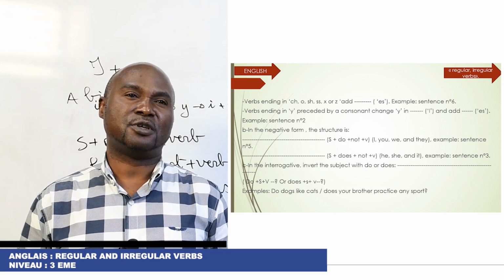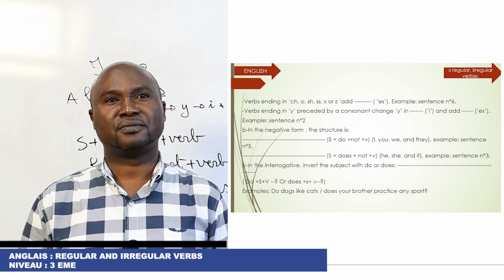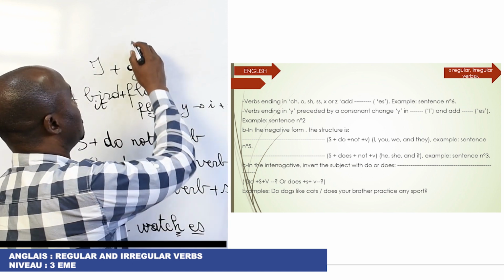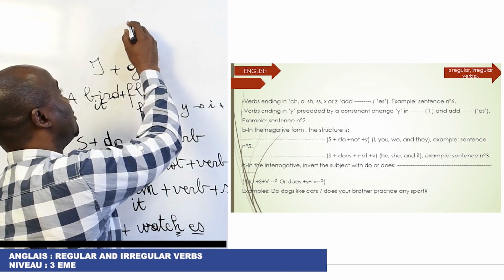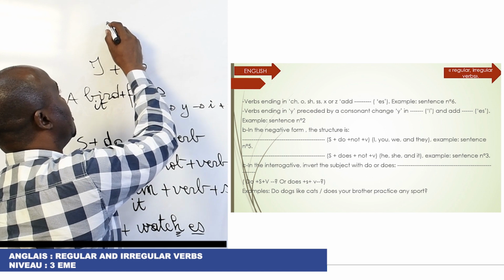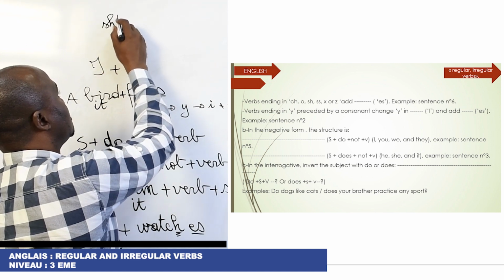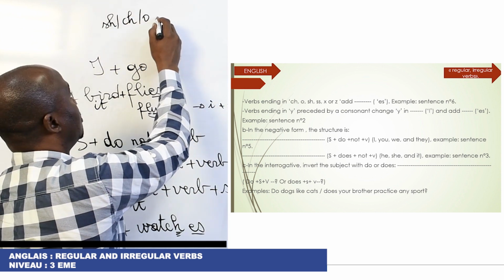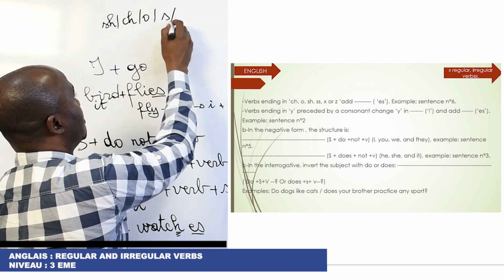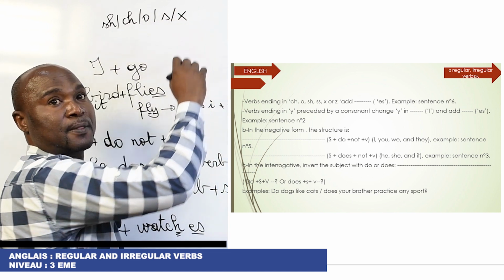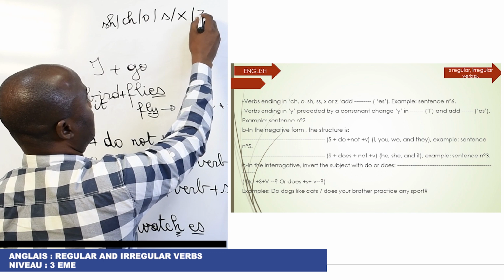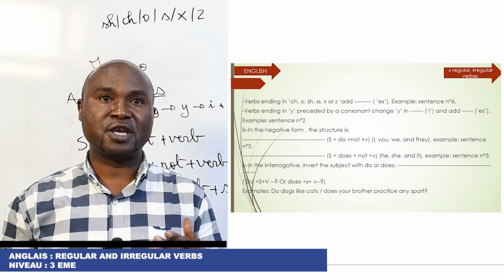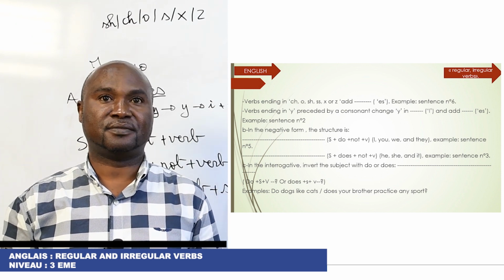Here are some exceptions or remarks. For verbs which end in sh, ch, o, s, x, and z, we add es for he, she, and it.